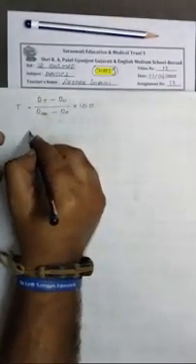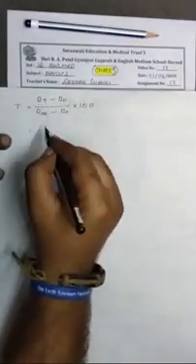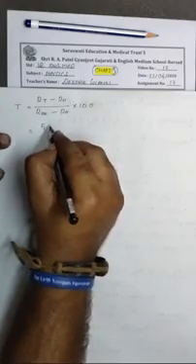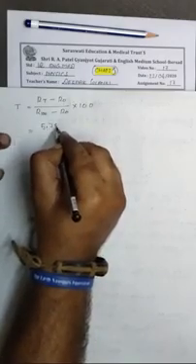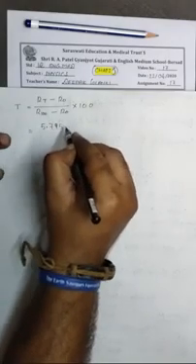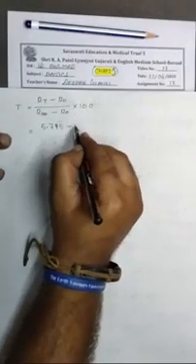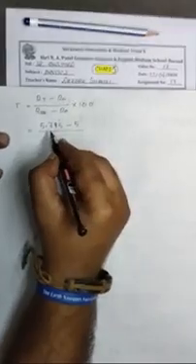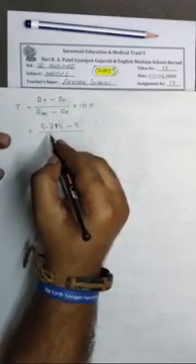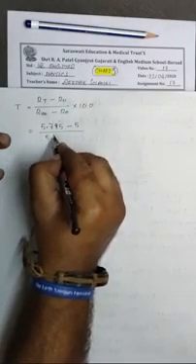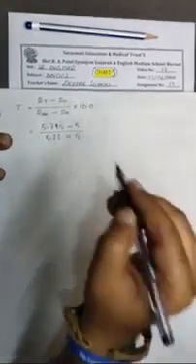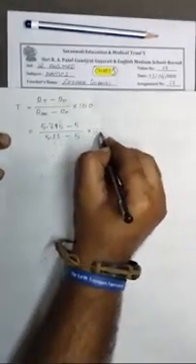Now just place the values. What is given? RT, that is 5.795, minus R0, the reference resistance, 5. R100 is 5.23, minus again the reference resistance 5, multiplied by 100.